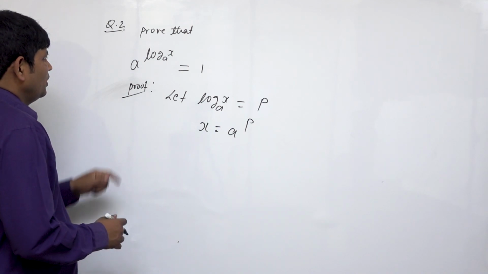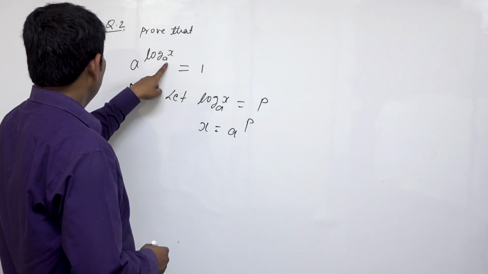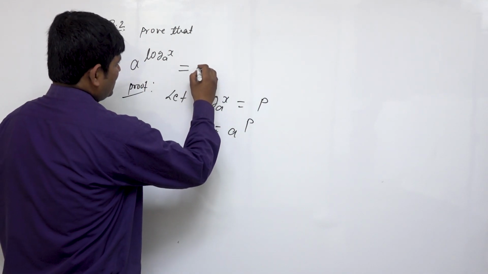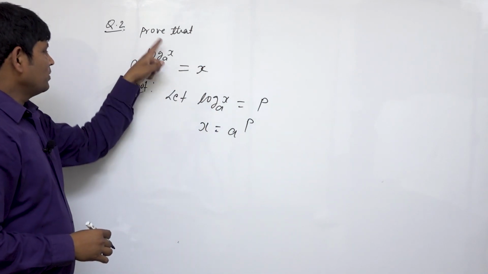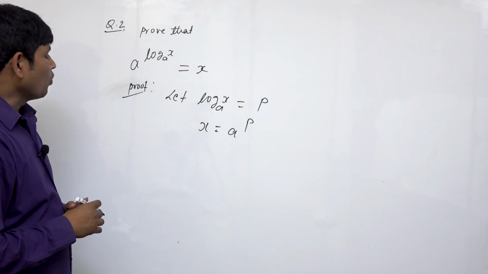Now to prove that a to the log of x to the base a is equal to x. That's the wrong question. So prove that a to the log of x to the base a is equal to x. We have to prove x, not 1.